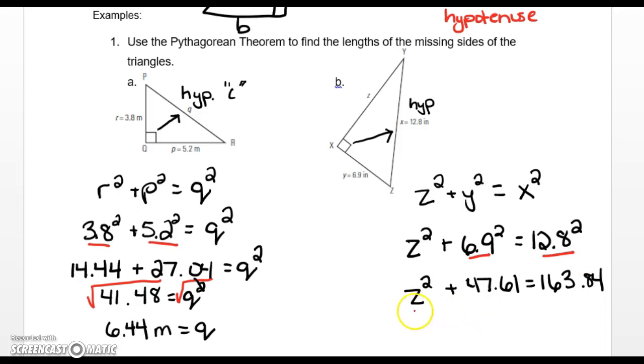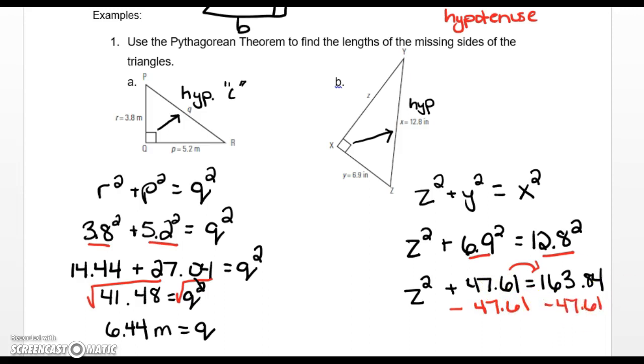So now we need to get this z squared by itself, so we need to move this 47.61 over to the other side. In order to move that over, we have to do the opposite operation. Here we're adding 47.61, so we need to subtract 47.61. And in order to make this equal, we have an equal sign here, so what you do to one side, you have to do to the other.